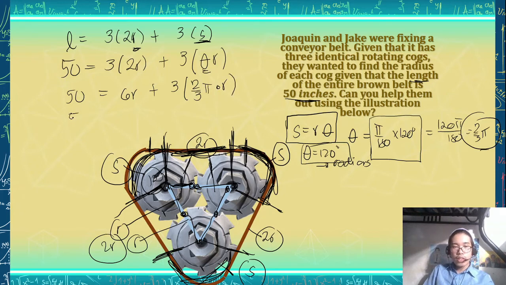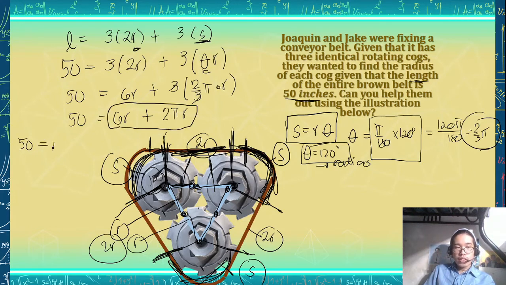And therefore, this gives us 50 is equal to 6r plus, so that cancels out, 2 pi r. To solve for the value of r, we can just factor the r outside of this expression. So that gives us r times 6 plus 2 pi.